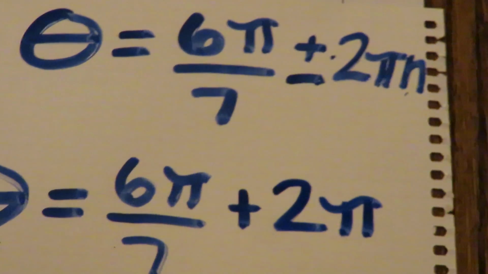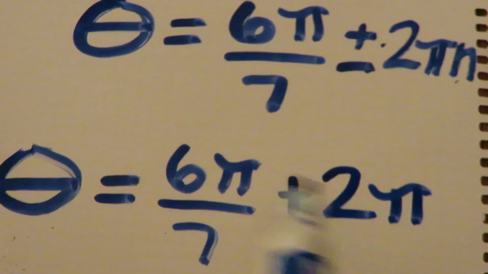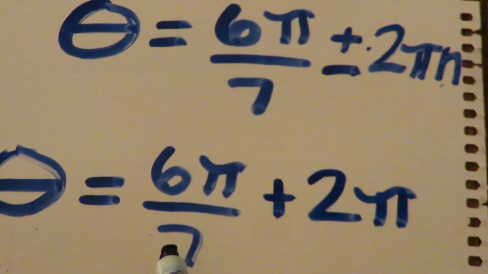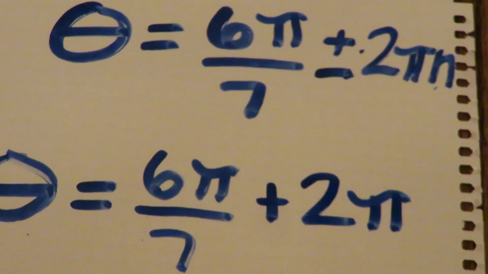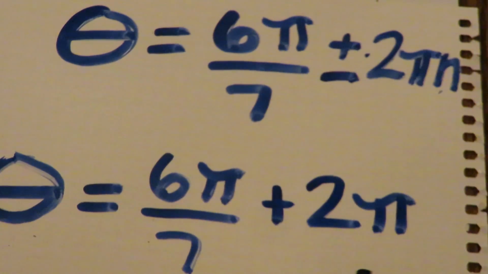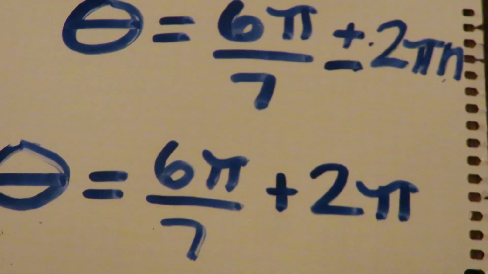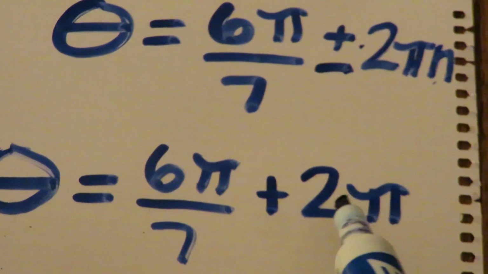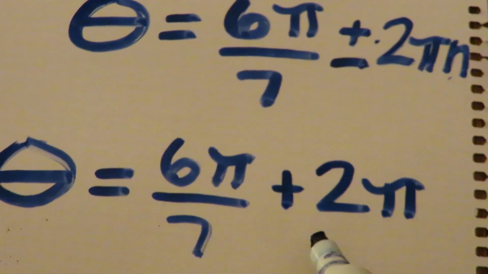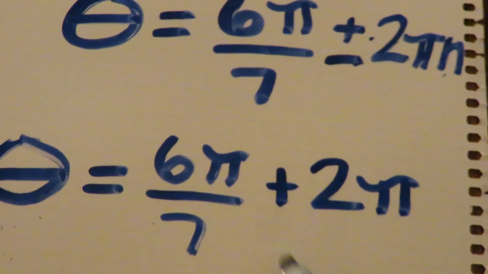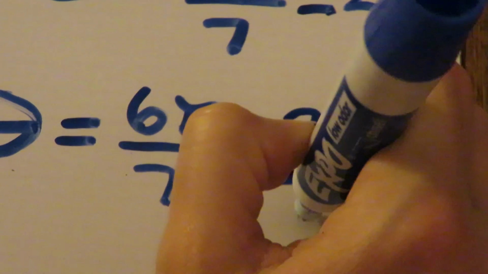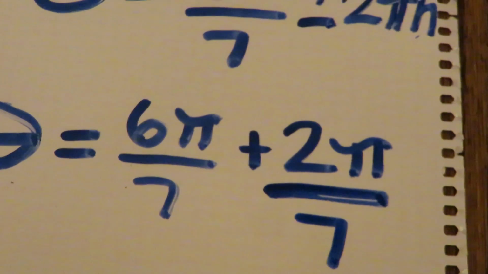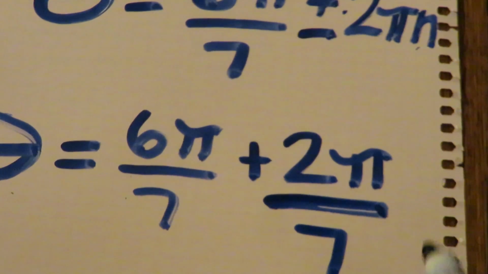The common thing here is to just add the tops, the 6 pi and the 2 pi, and then have it all over 7. But that's not what's actually happening here. You have to be really careful when you add fractions that you make sure the denominators are the same. So if I want 2 pi to be written with a denominator of 7, that means I'm multiplying the bottom by 7. But if I multiply the bottom by 7, I have to multiply the top by 7.